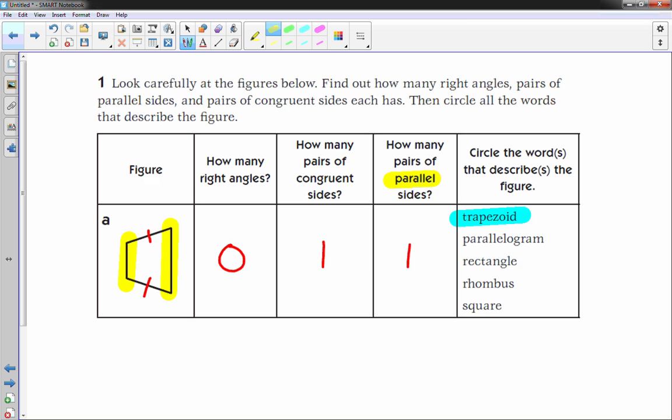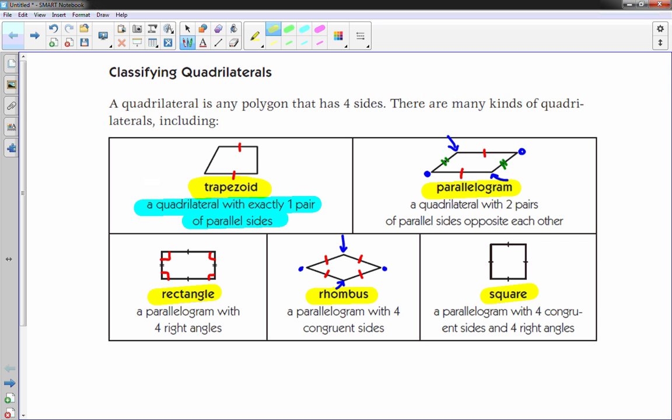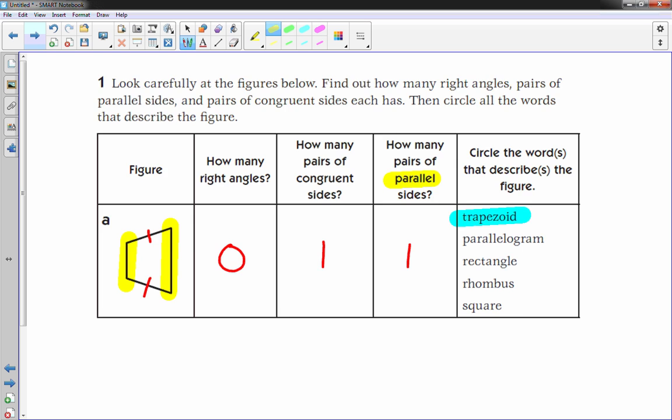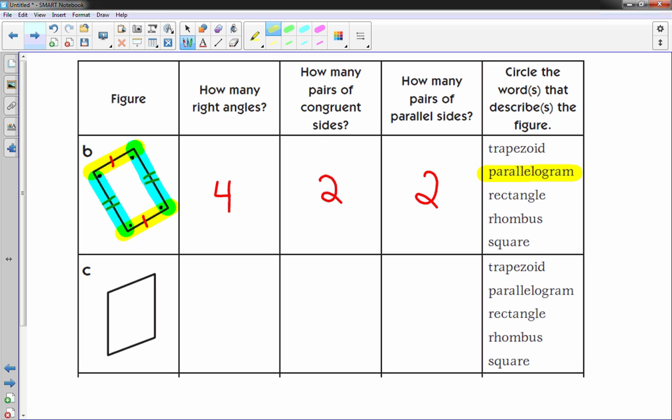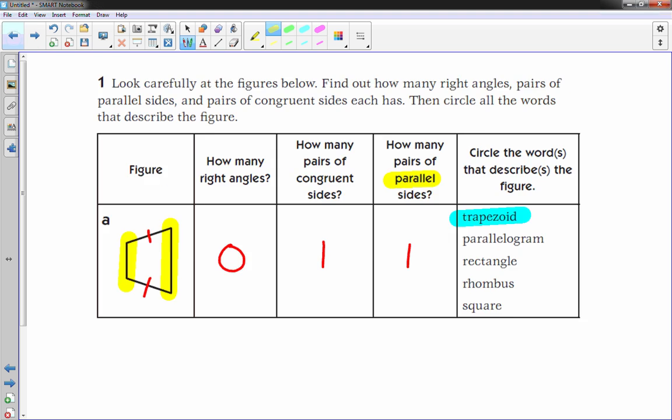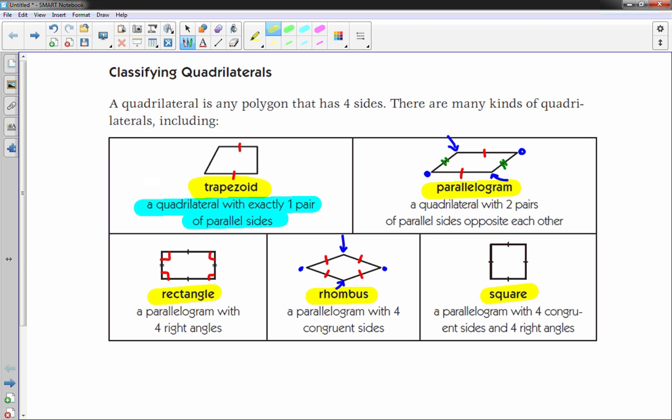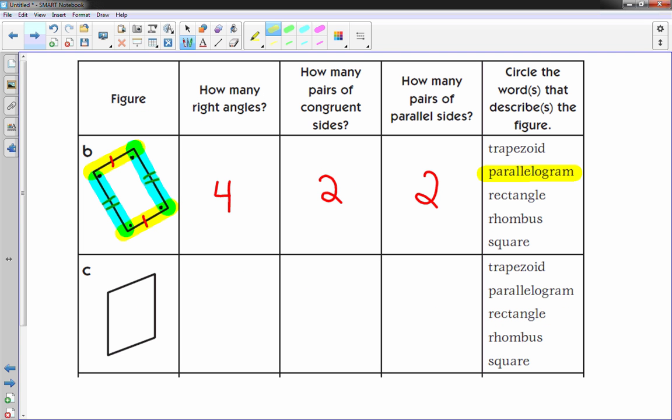If I go back, definition of a parallelogram, a quadrilateral with 2 pairs of parallel sides opposite of each other, it meets that definition. So we're going to call it a parallelogram. And it also meets the definition of a rectangle. If I go back to that, it's a parallelogram, which it is, with 4 right angles. It does have that. So I'm going to call it a rectangle as well.